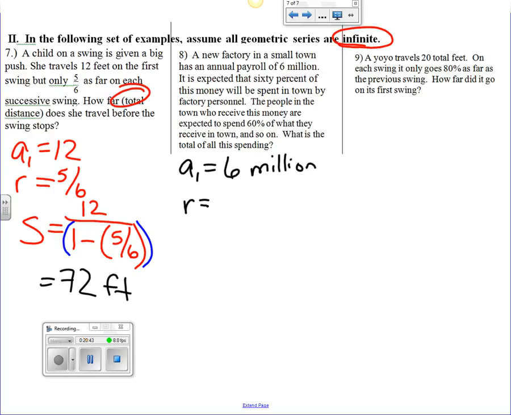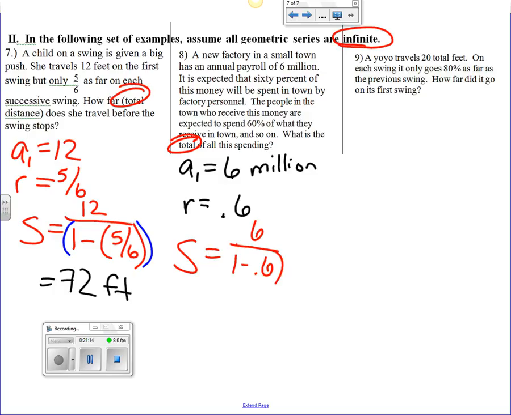So I'm just going to write 6 million. I don't want to put all the zeros. You can if you want. All right, R is 0.6. Very good. Jesse, what's the key word? Total. So I'm using the S formula again. Ethan, can you set it up for us? S equals 6 divided by 1 minus 0.6.